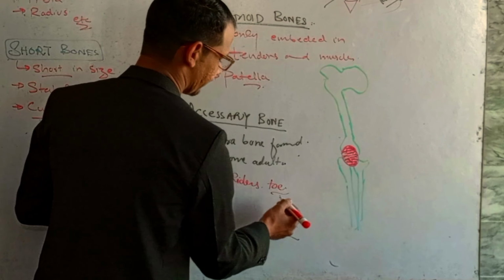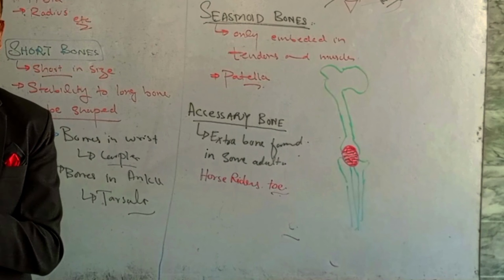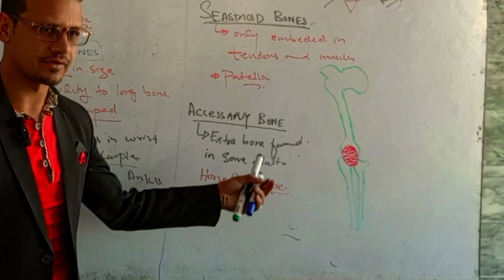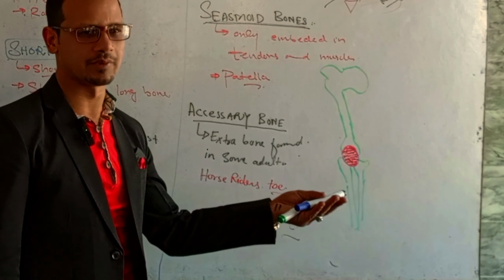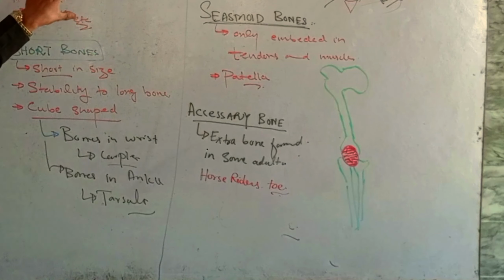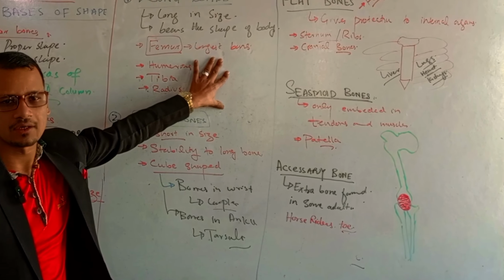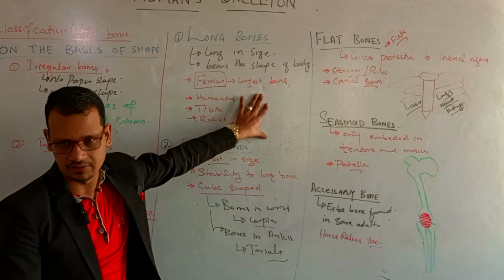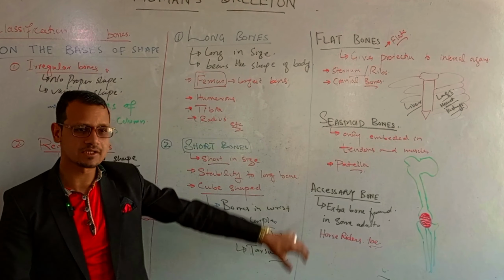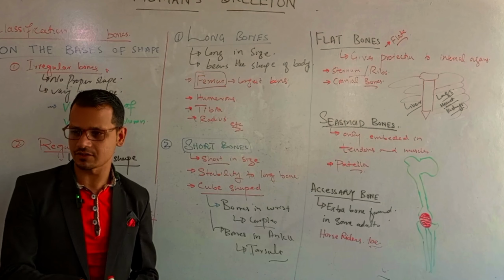Rider's bone is an extra accessory bone which arises here or in the ankles. They are accessory and are not present in every human. They are accessory or extra bones. So these are the types or examples of bones. This is a classification of bones. Now we will discuss the functions of bone, the basic functions of bones.